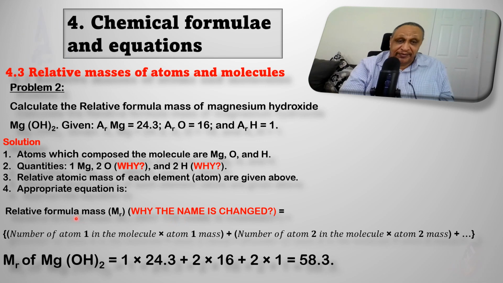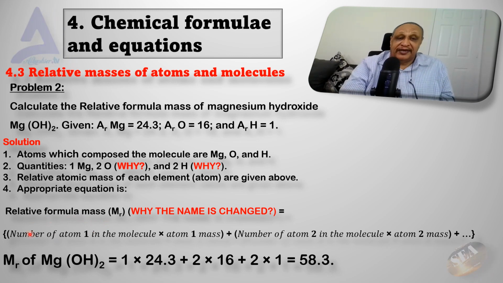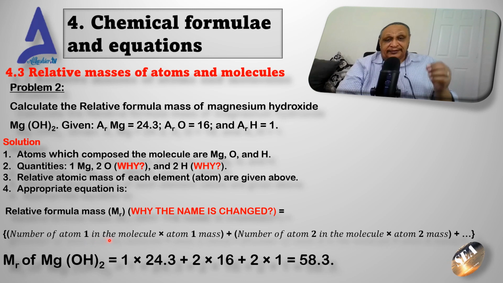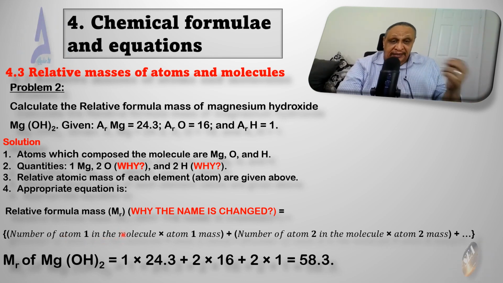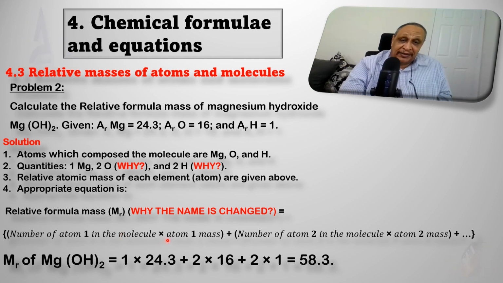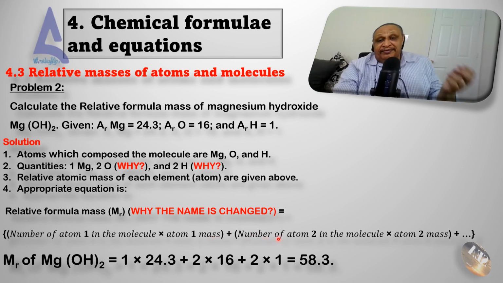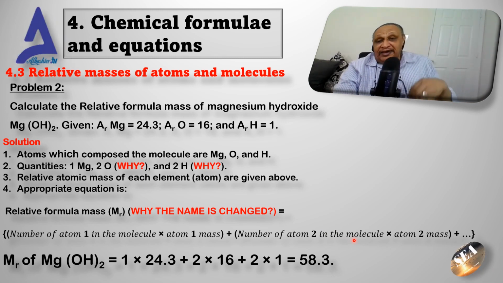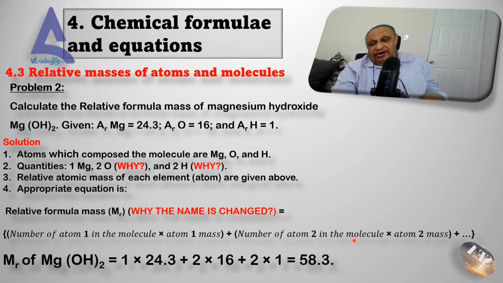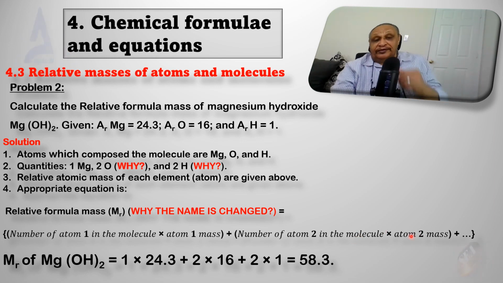We change it from the relative molecular mass into the relative formula mass, which is the number of atom 1 in the formula, meaning how many of atom 1 are in the formula, multiplied by the atom 1 mass, plus the number of atom 2, meaning how many of atom 2 are present, multiplied by its mass, and so on.